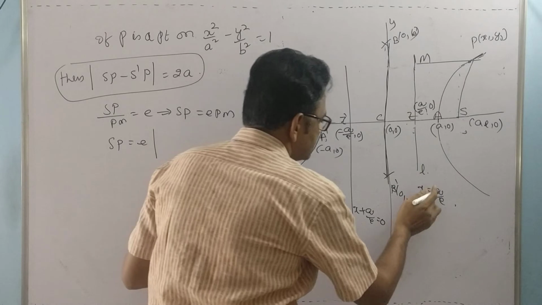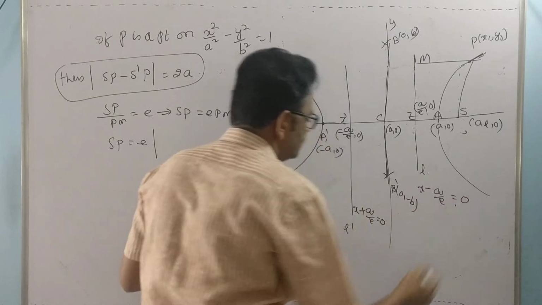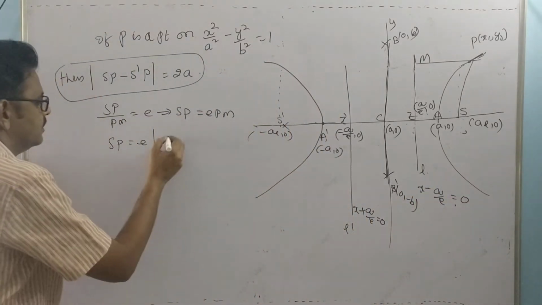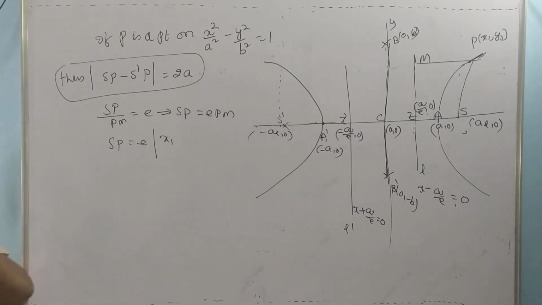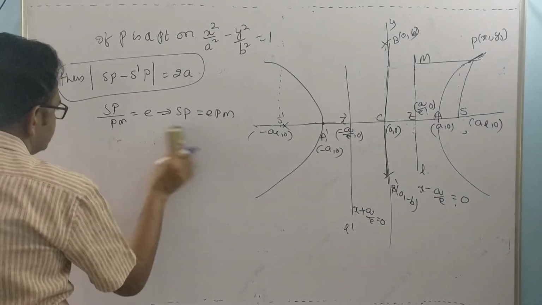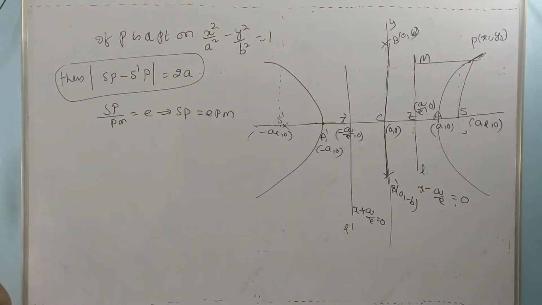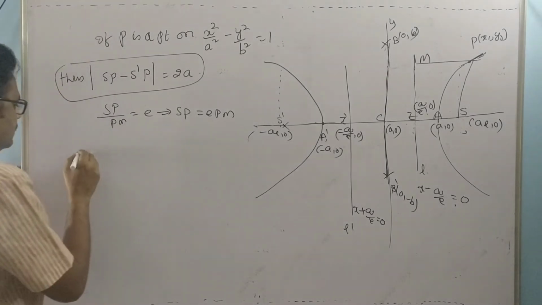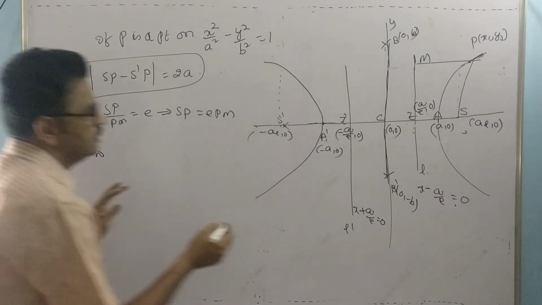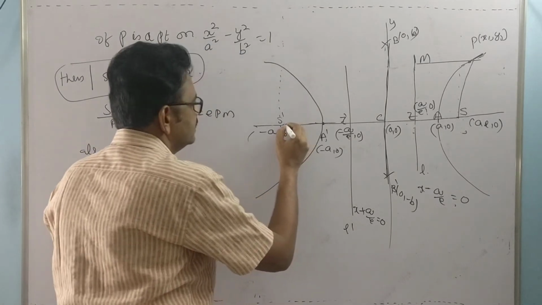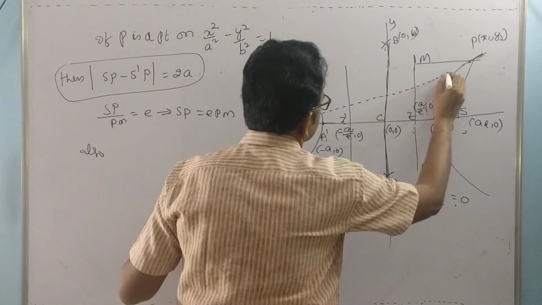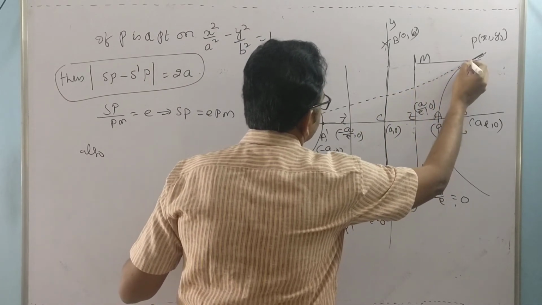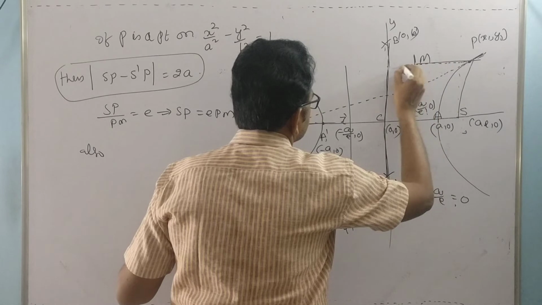The directrix equation is x minus a by e equal to 0. Also, if you take the focus S dash, this is S dash P, and the corresponding perpendicular is PM dash.